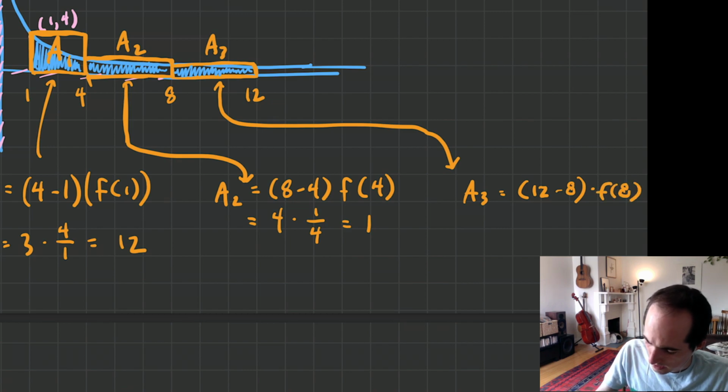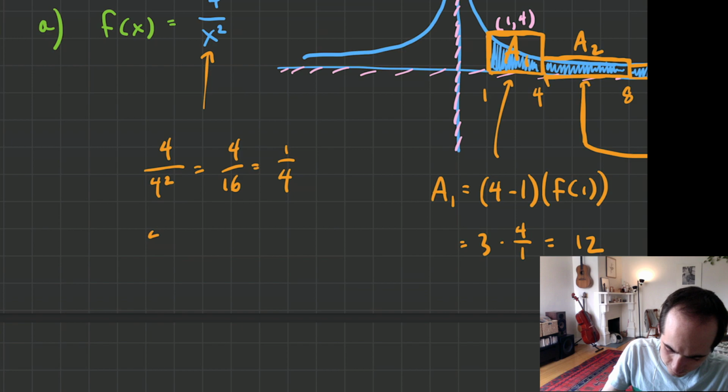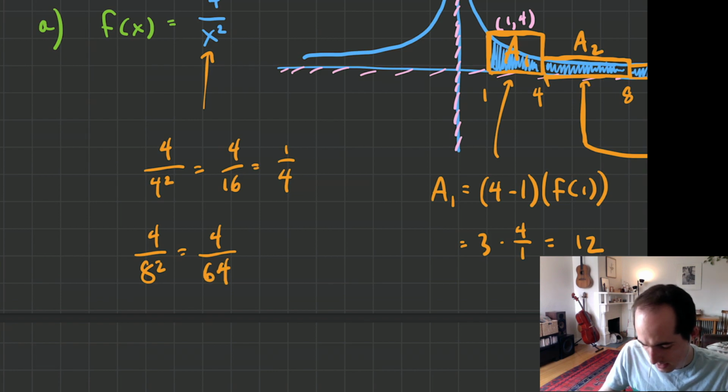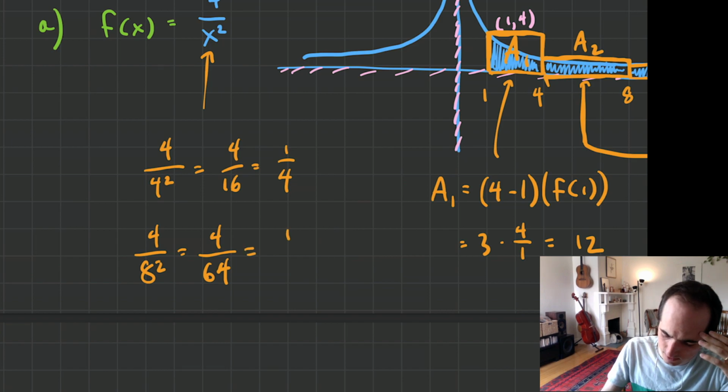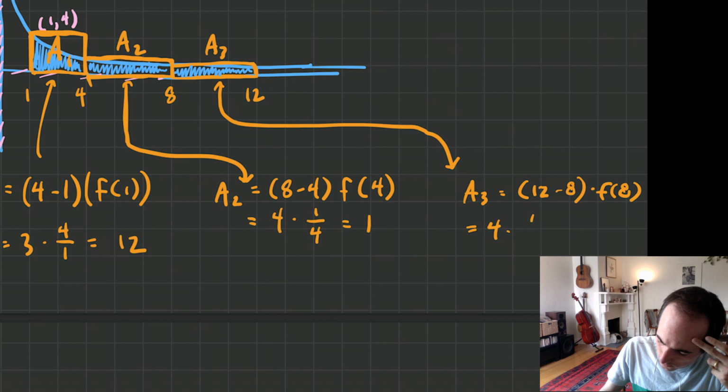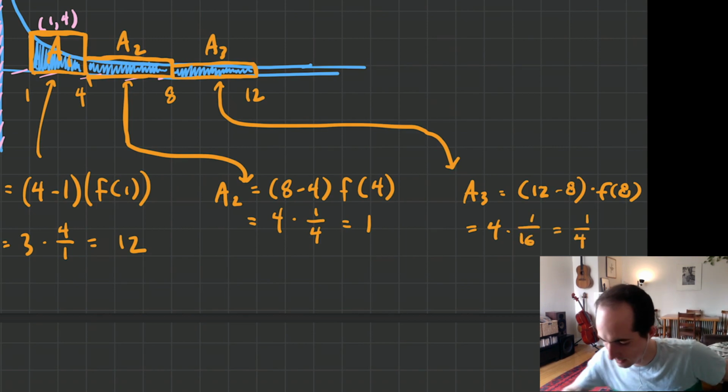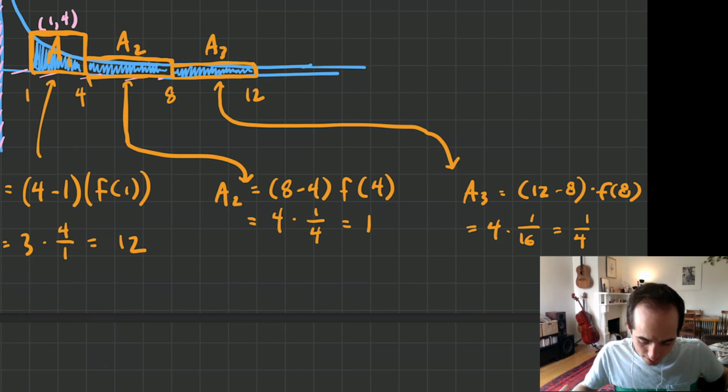And 12 minus 8 is 4, and f of 8, let's quickly calculate that, would be 4 over 8 squared, or 4 over 64. And 4 goes into 64 16 times, so this is 1 over 16. This is 4 times a 16th, which is 1/4. So I've calculated the area of these 3 rectangles.